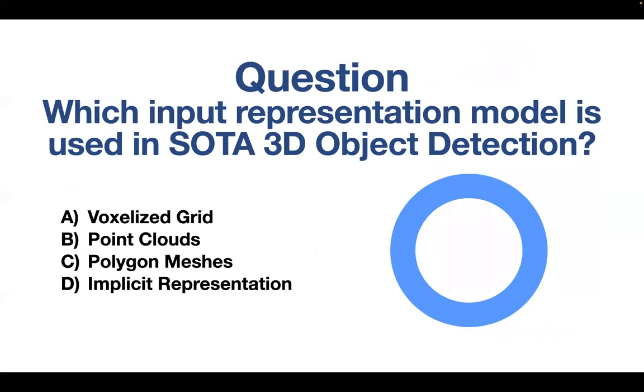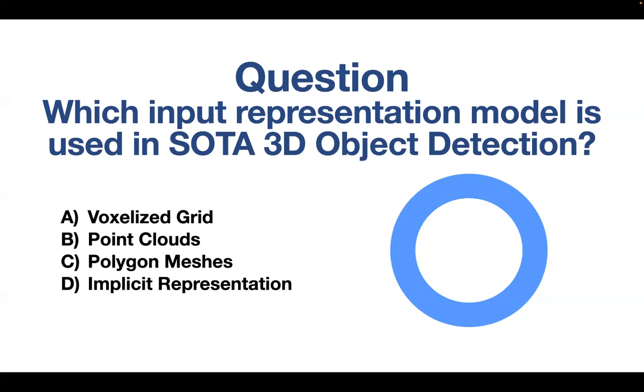So now the second question: which input representation model is used in state-of-the-art 3D object detection? So I again want you to just give your guess about which of them is the most common one.